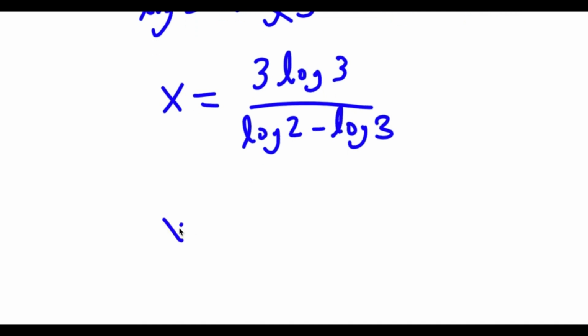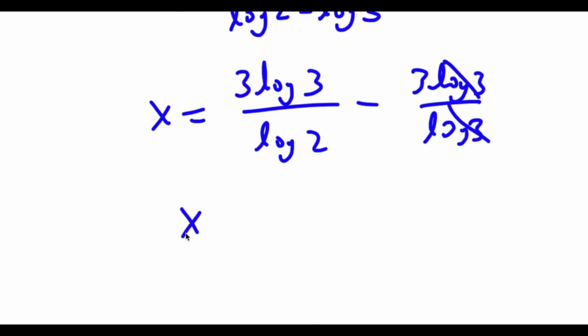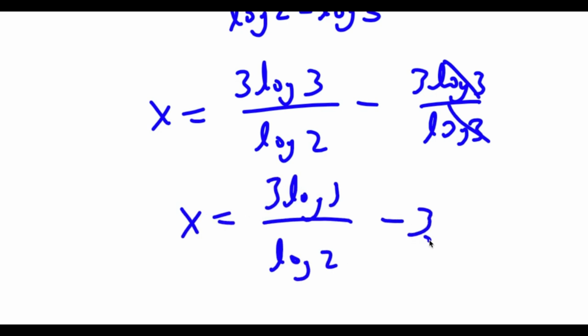Now I can rewrite this as 3 log 3 over log 2 minus 3 log 3 over log 3. So these two cancel out, and I get 3 log 3 over log 2 minus 3.